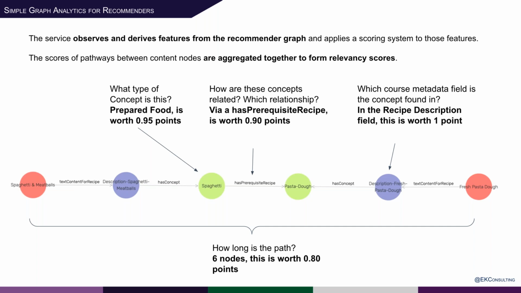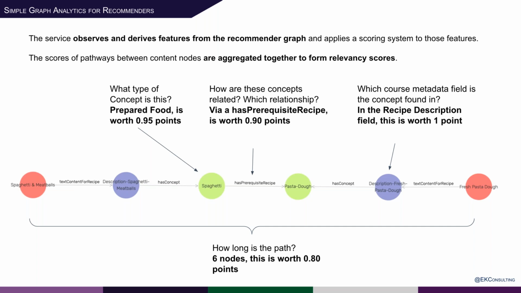So, different features we can look at: what type of concept is this? What scheme is it in? This is a type of food. How are these topics related to each other? This is a prerequisite recipe. So we can assign certain weightings to different semantic meanings that we think are more or less relevant to users.